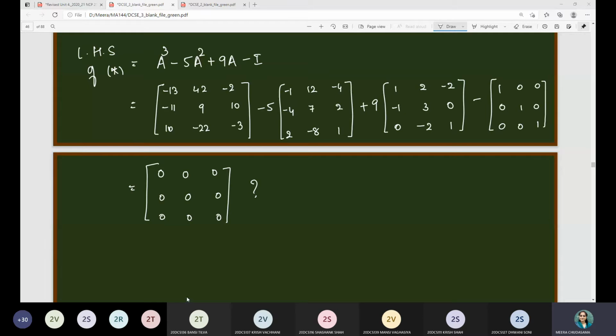But it is a good thing that all of you are getting the answer, except 4 or 5 students. I don't know what they are doing. Okay, so this is what you obtained, and hence you can write, therefore, Cayley-Hamilton theorem is verified.